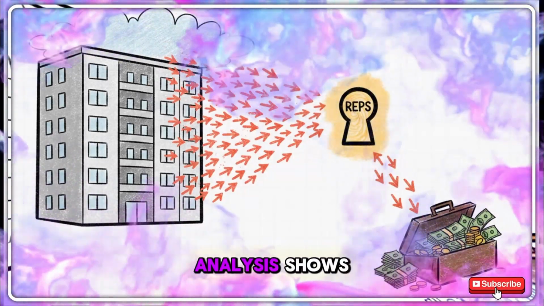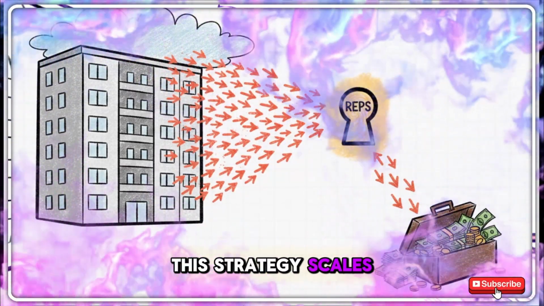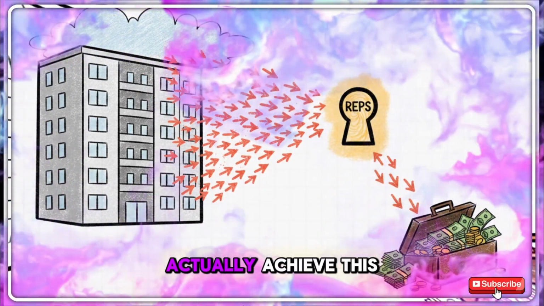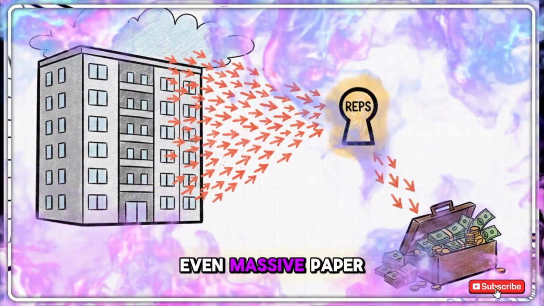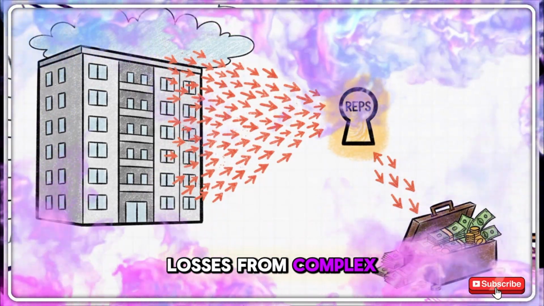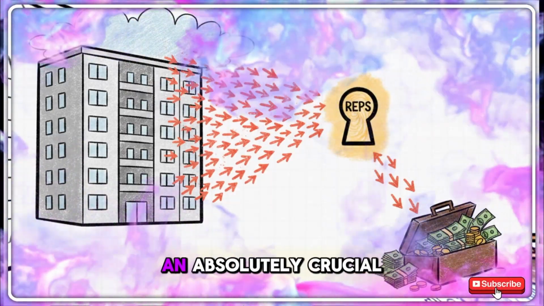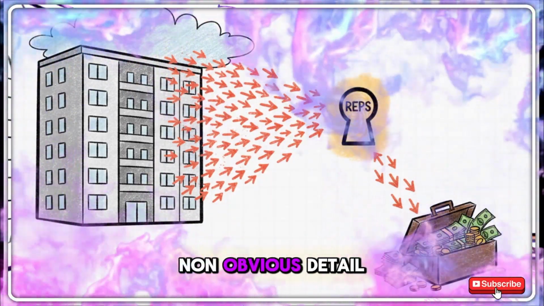And the deep analysis shows this strategy scales far beyond just single-family rentals. For those who actually achieve this status, even massive paper losses from complex, large-scale apartment syndications can be unlocked. Now here is an absolutely crucial, non-obvious detail.